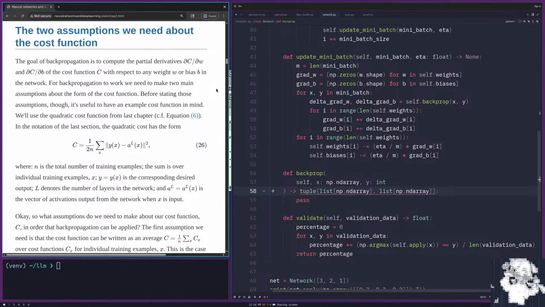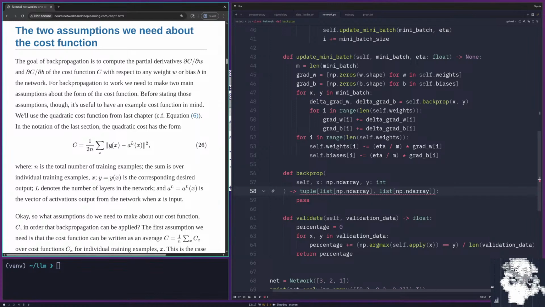Before stating those assumptions, though, it's useful to have an example cost function in mind. We'll use the quadratic cost function from last chapter, equation 6. In the notation of the last section, the quadratic cost has the form C equals 1 over 2n times the sum over x of the square of the distances between what we got and what we wanted.